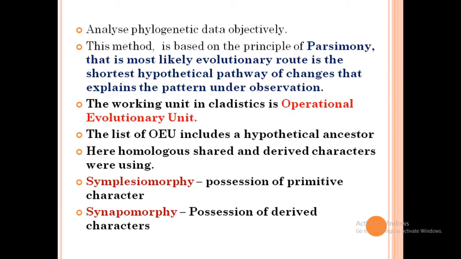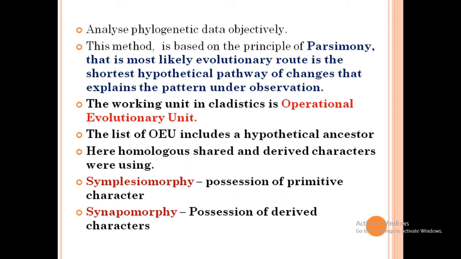So, phylogenetic data are analyzed. One principle is applied here, that is known as parsimony. So, the maximum parsimony, like you can see in modern molecular phylogenetics, these terms. What is parsimony? Likelihood. That is, the most likely evolutionary route is the shortest pathway of changes that explains the pattern under observation.